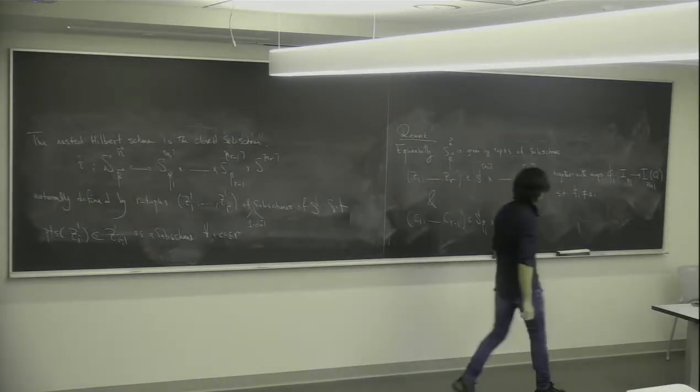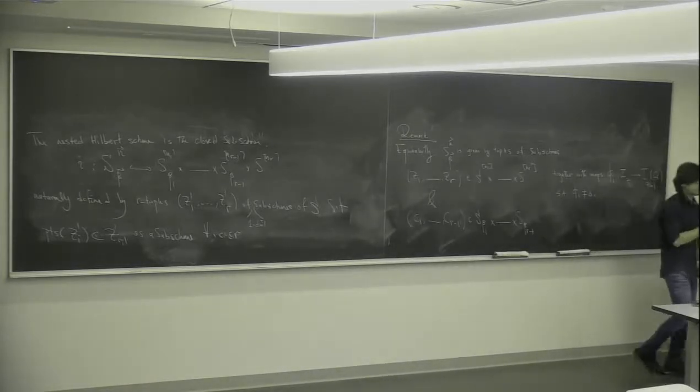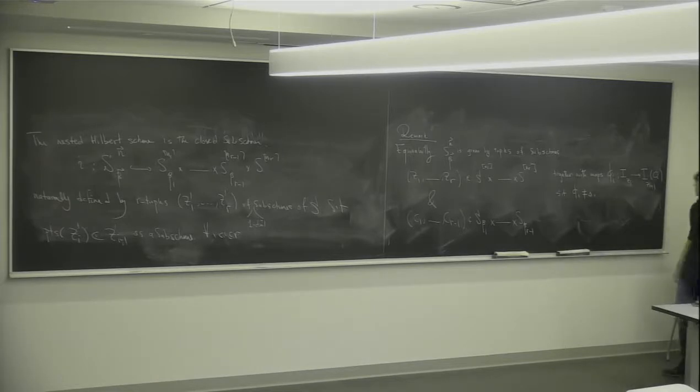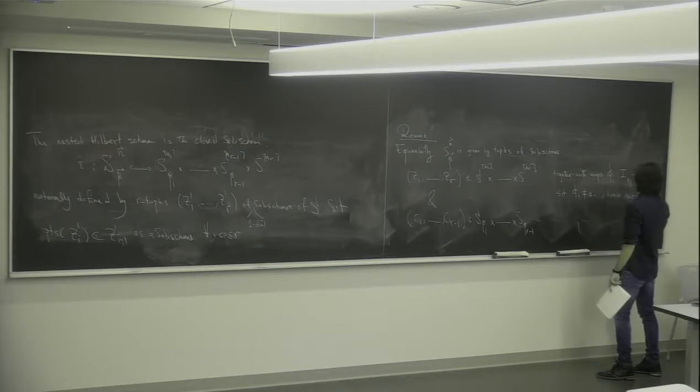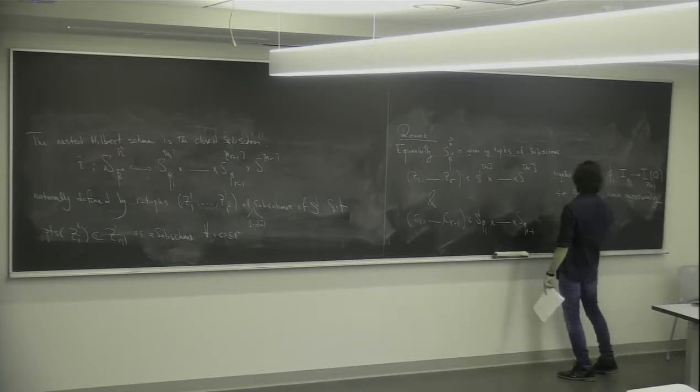Hence, necessarily, this map is injective. If you have a map between two stable ideal sheaves of rank 1, yeah. So hence, necessarily, the phi's are injective.